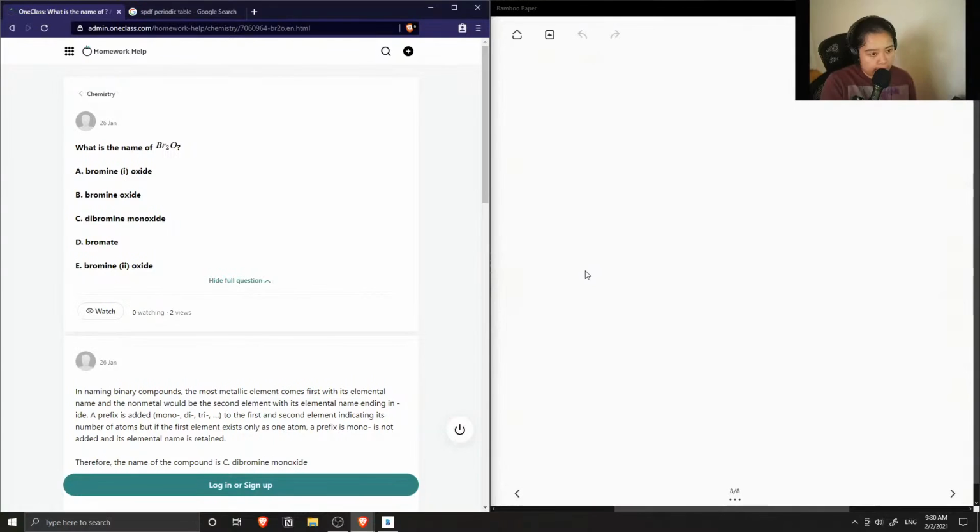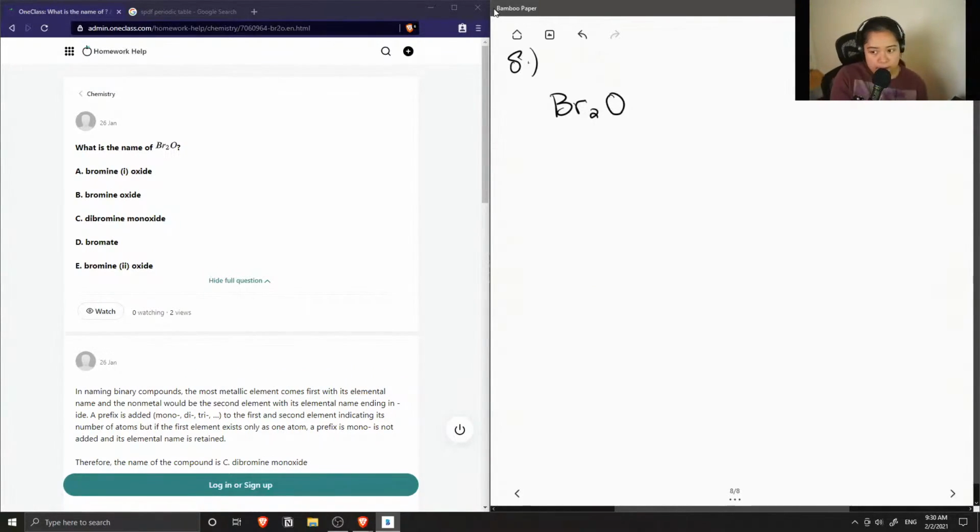Okay, so this is the name of Br2O. We have different options, but first we need to determine the type of compound we have. So we have two nonmetals.